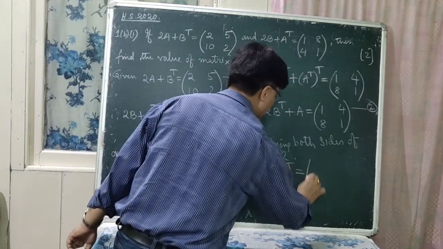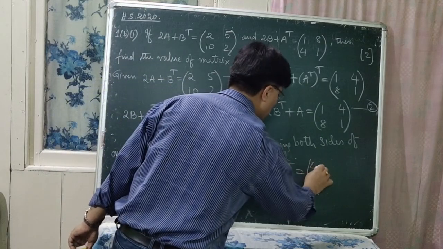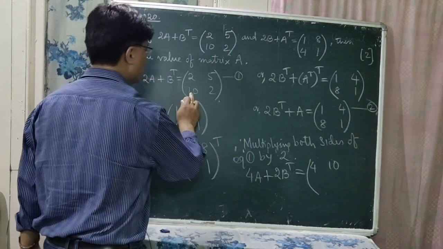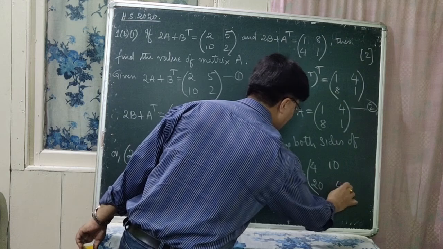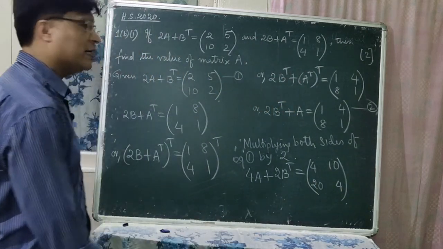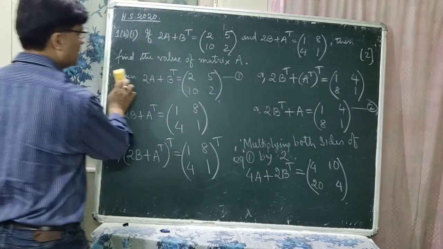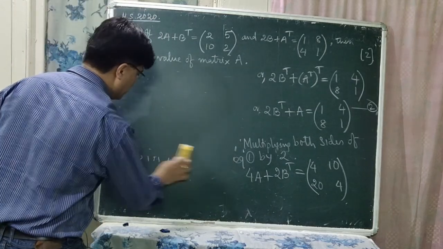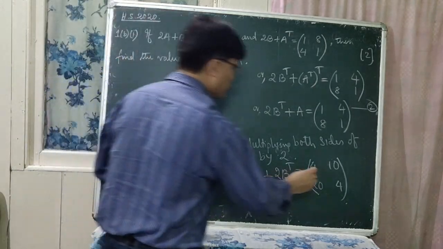So 2 2s are 4, 2 5s are 10, 2 10s are 20, 2 2s are 4. So we got this matrix, right? I think you have understood it. So this is the new equation now, equation number 3.